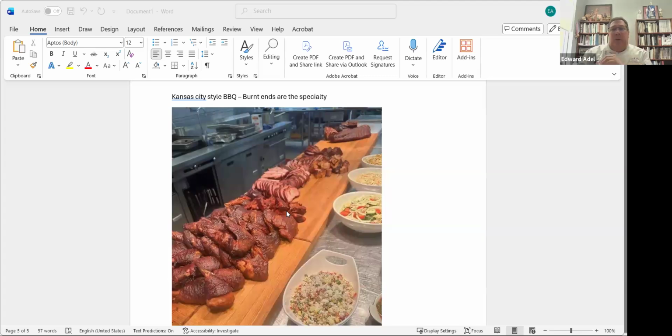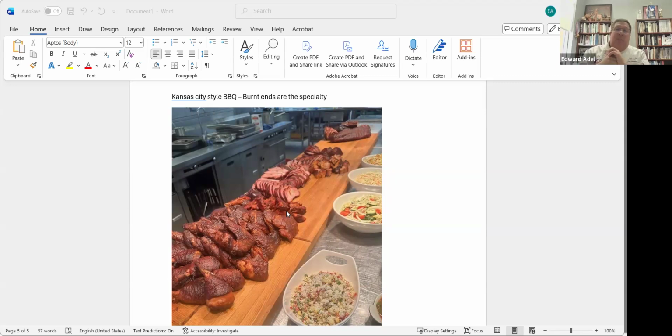So from a cost standpoint, you could have additional menu items on your menu and keep the cost in line by keeping the portion a little bit smaller.